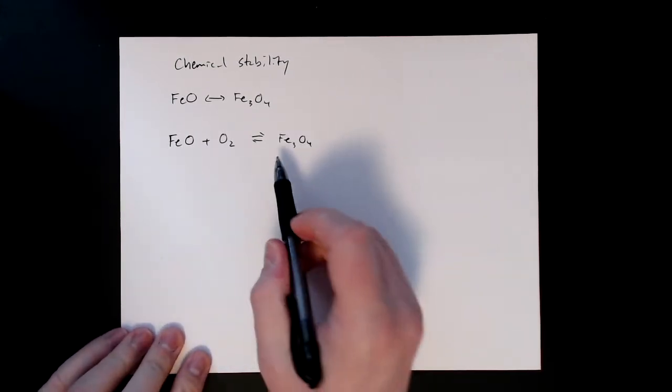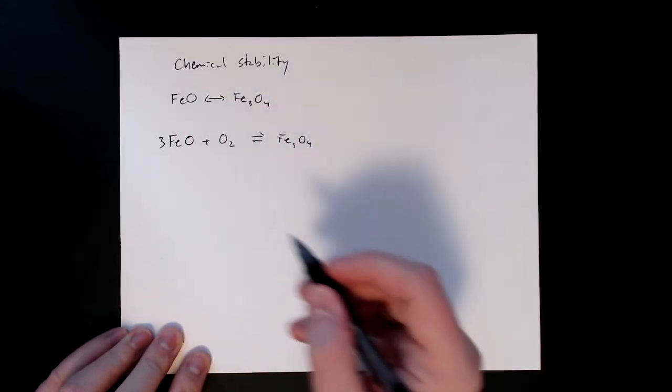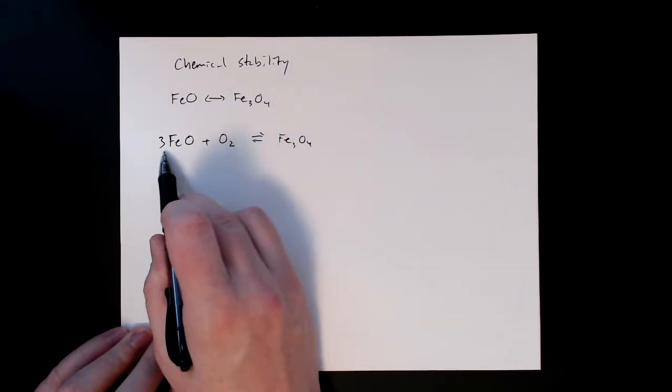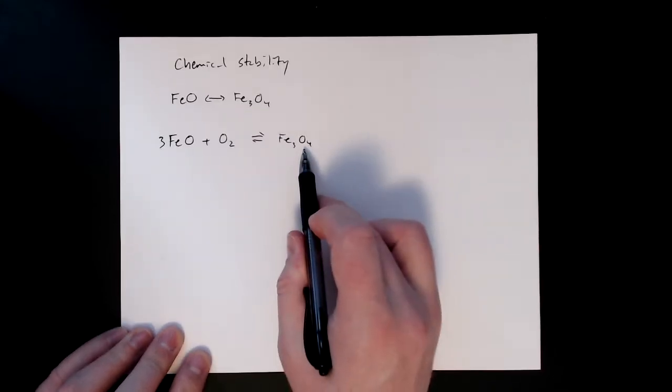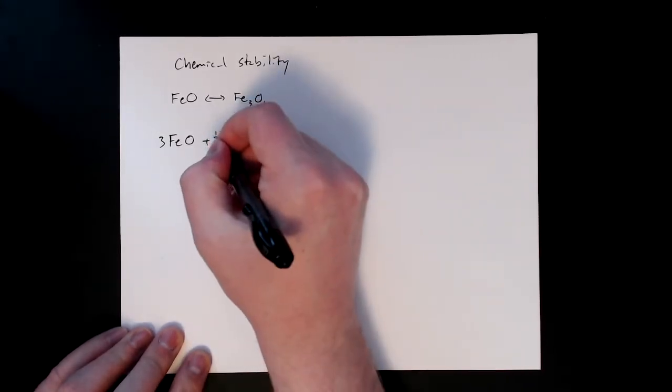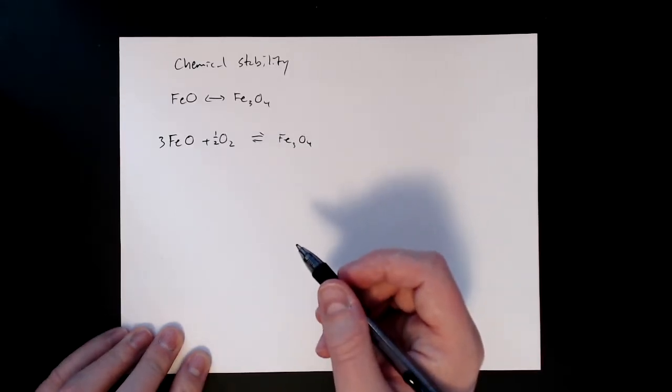We've got 3 irons over here, so we need to balance this with 3 over here. Then that would give us 5 oxygens here and 4 over here.